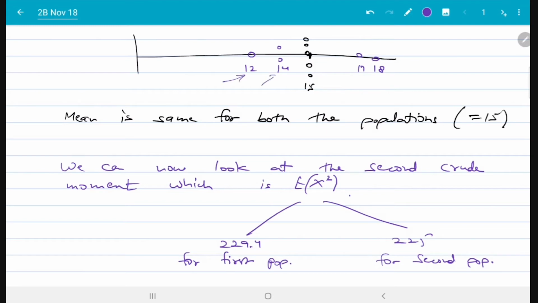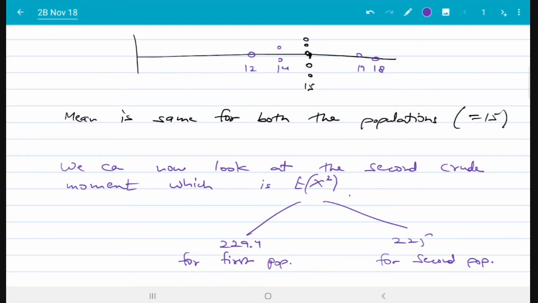It will be deflated from the smaller numbers, but the deflation from smaller numbers is not enough to offset the inflation from larger numbers. For the second population, all 15, there is no inflation, there is no deflation, so we have this 225. So the larger the second moment is, the more spread out the population will be.